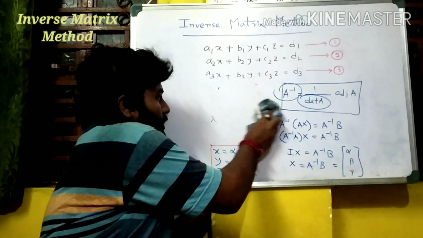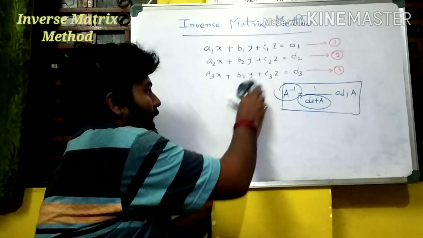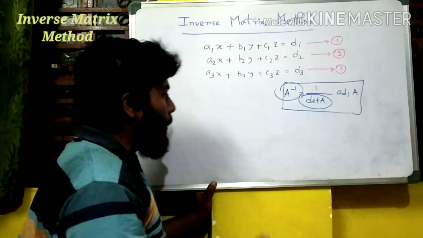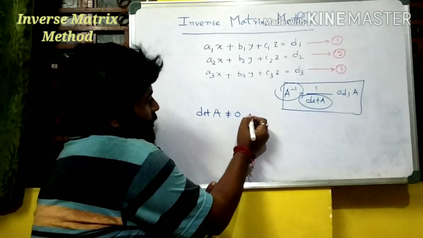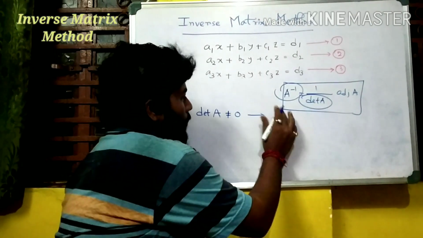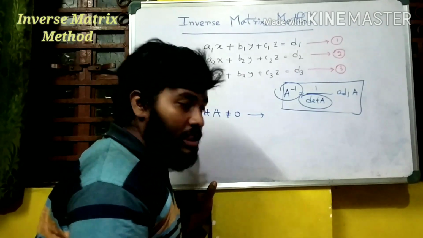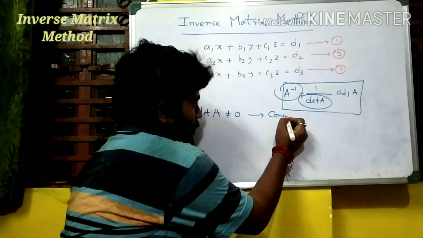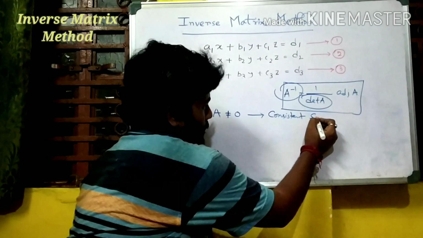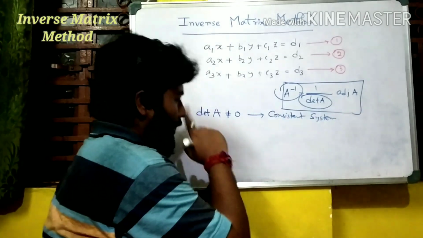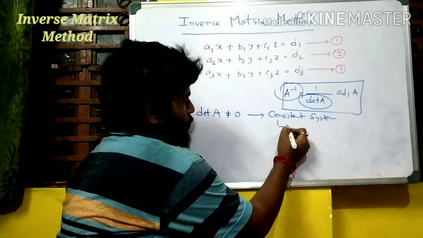If determinant A is not equal to 0, that is, when the matrix A is a non-singular matrix, then the system will have a unique solution, or we can say this system will be a consistent system, and there will be a unique solution.